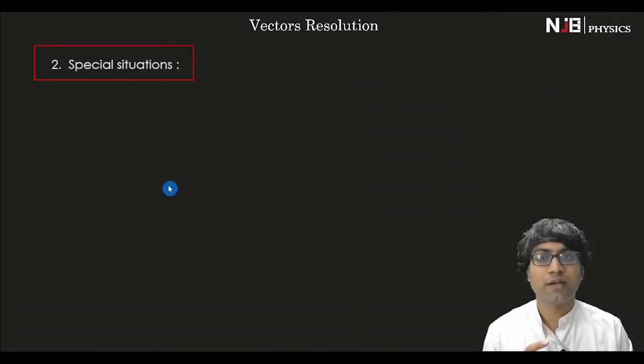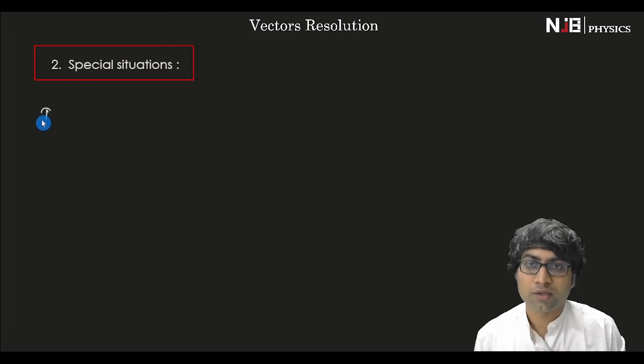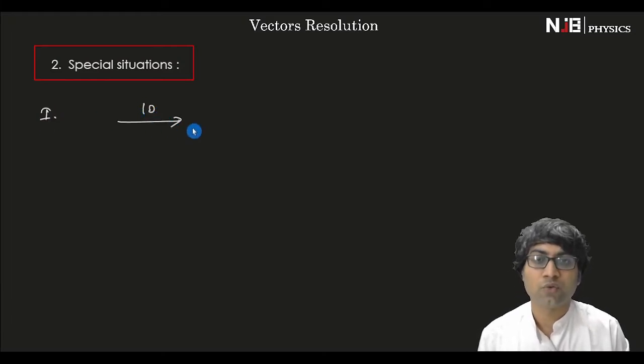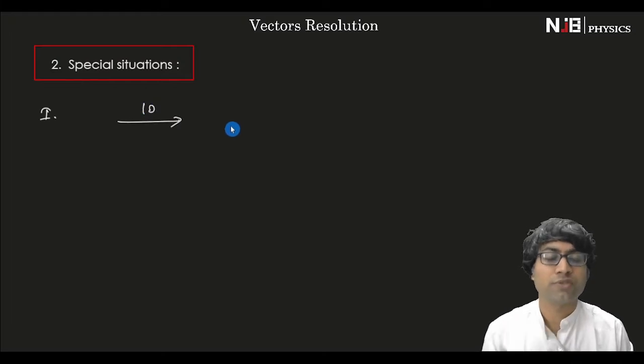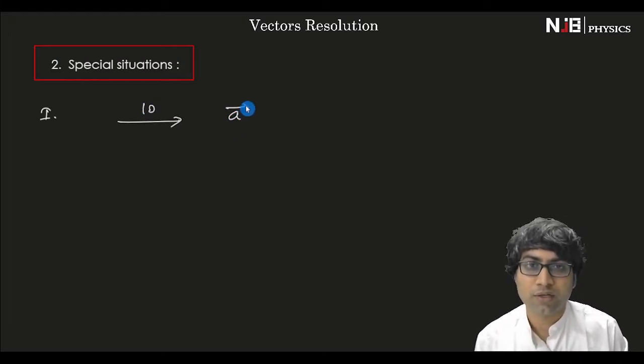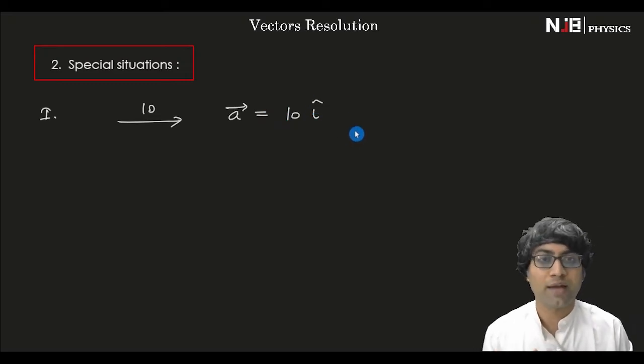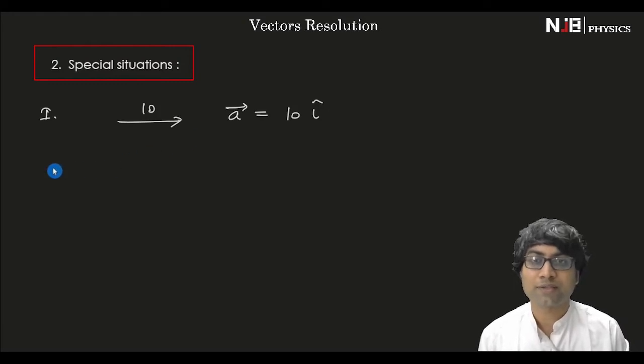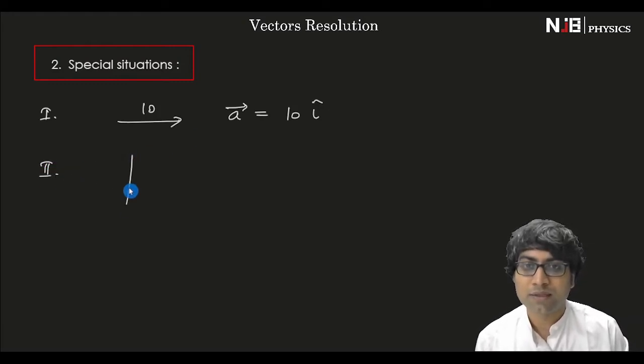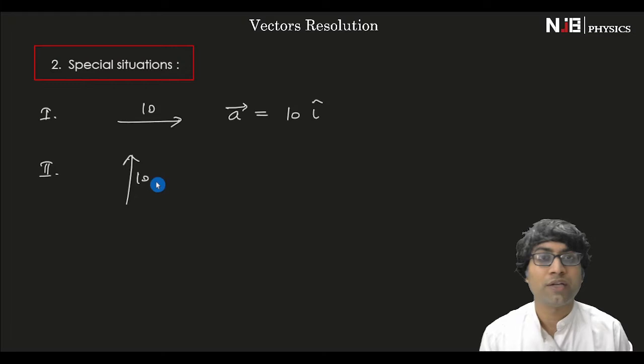Let's now have a look at a few special situations. The first situation is, let's imagine that there is a vector of magnitude 10 units in the right direction, which is the positive x-axis. Then this A vector will be equal to 10 i cap and no component in the y direction, because this vector is completely in the positive x direction. Let's imagine that this is your 10 unit vector which is completely in the positive y direction.